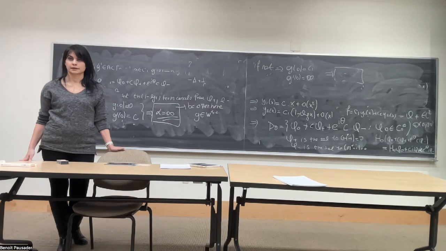So it's always going to give you a domain on which your operator will be self-adjoint? Well, how does it work? Your quadratic form is bounded from below, you can assume greater than 0. Then you have to be careful, because the form controls one derivative.